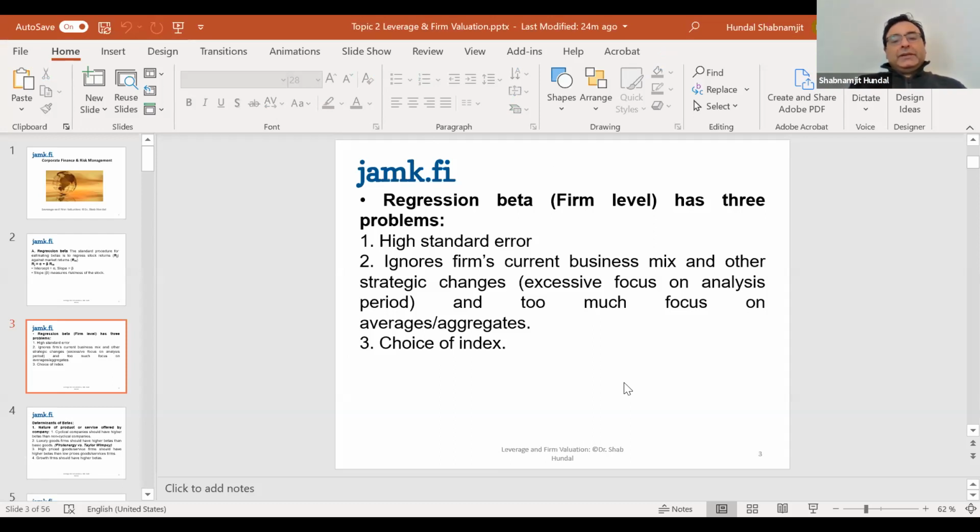But the counter argument is that if you make any change in the company's setup, organization, innovation, anything, it becomes news in the financial media.